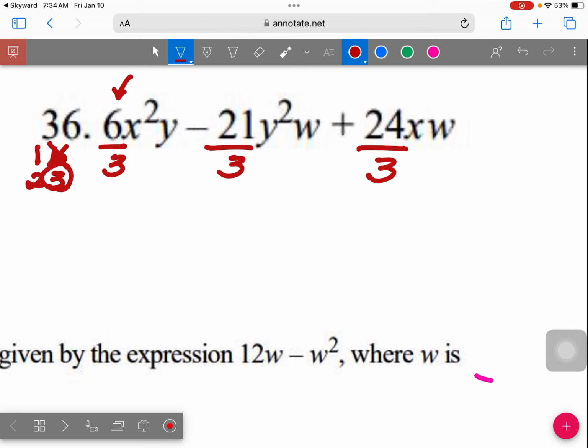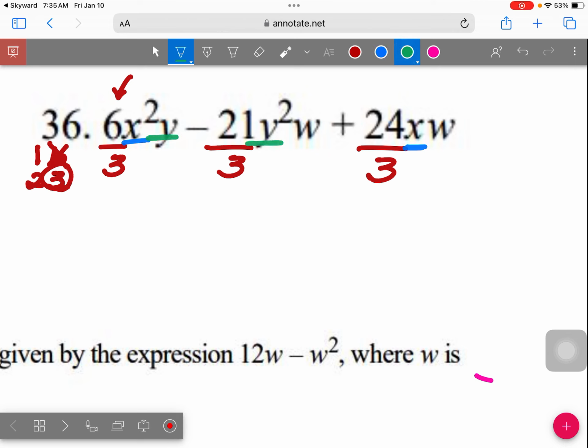Okay? So then I look at my variables. I have x squared. I have no x here and an x. Can I divide by an x if I don't have an x in all of my terms? Just say no. No, we cannot. And we've got a y.